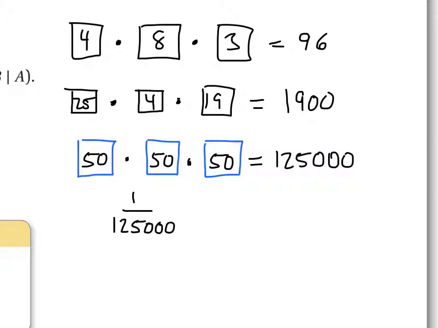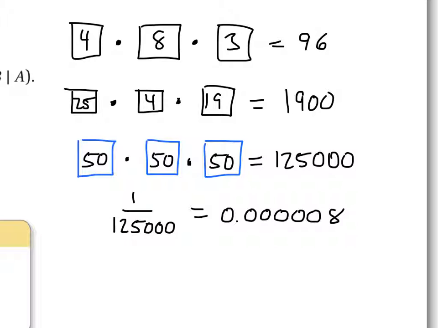If you change that into a decimal, meaning you take 1 divided by 125,000, can anybody tell me what you get? 0. Yeah, I got that part down. So you get 0.000008. 5 zeros behind the decimal point.